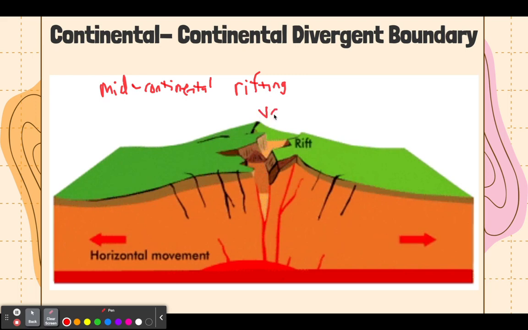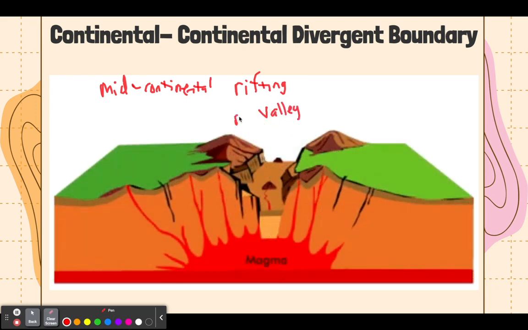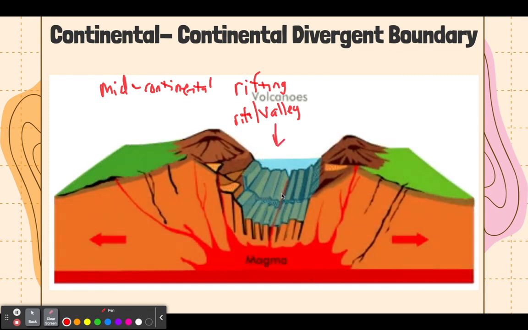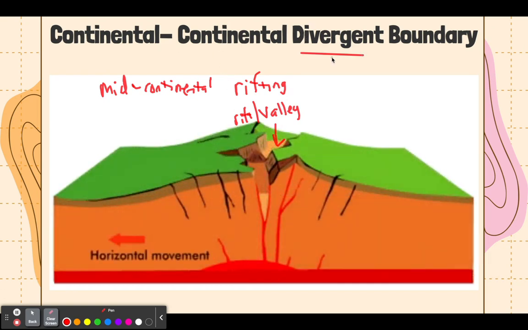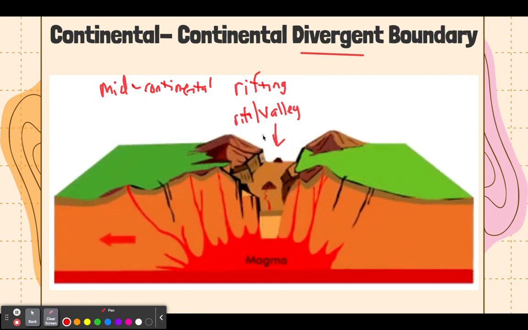One of the features is a rift valley. That's that thing right there. As it rains, that can fill up with water and become a lake. Eventually, if the plates keep diverging and going apart from each other, it can turn into an ocean, which is how the Atlantic Ocean was formed.